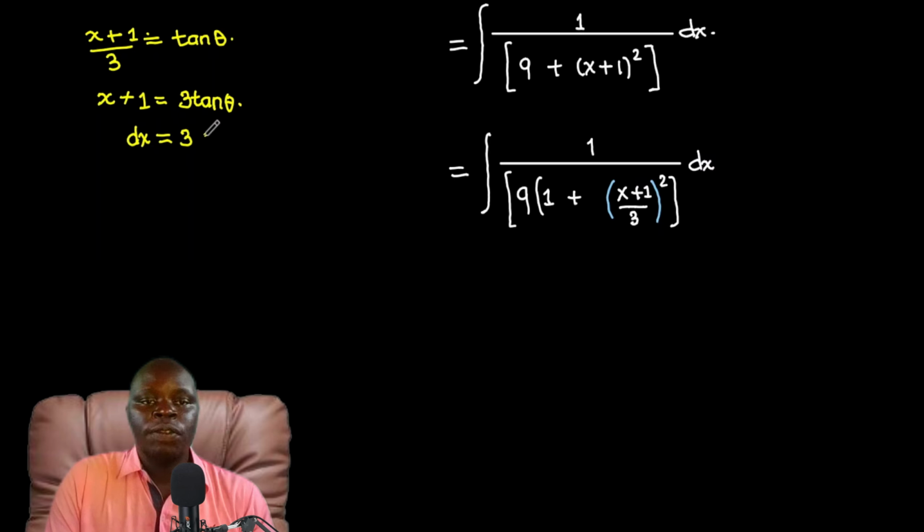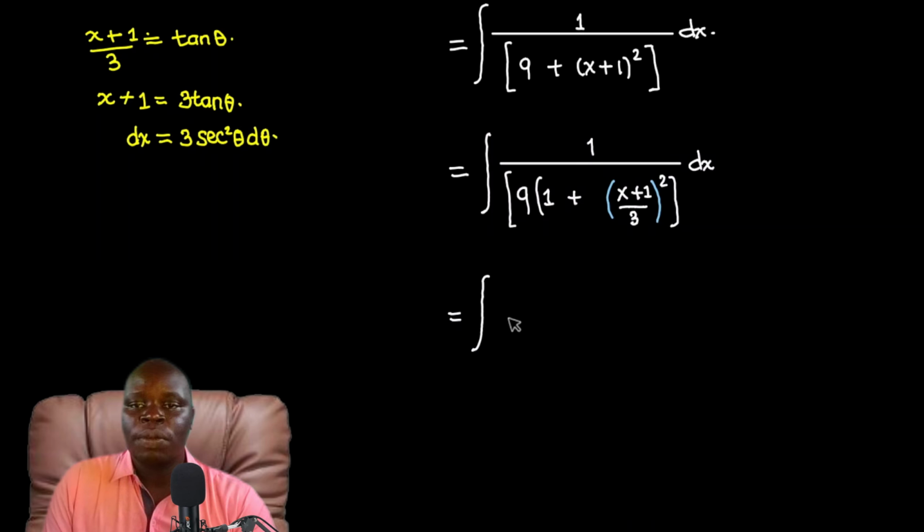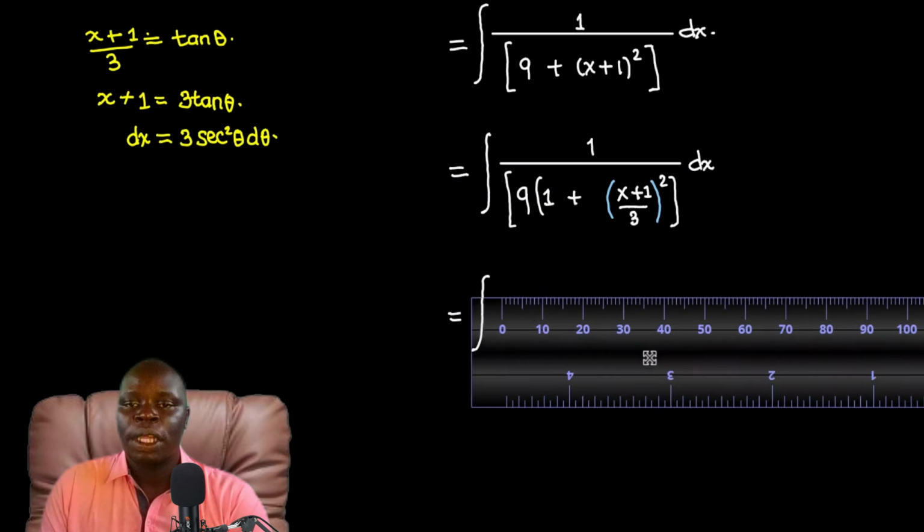And the derivative of tan theta is secant square theta d theta. So let us move on to the next step here to change our variable from x to theta by replacing any x with our new term theta.